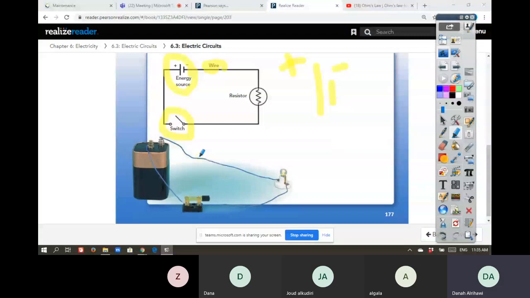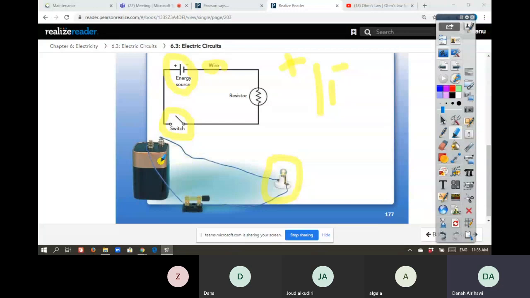So, four ingredients for the circuits: wires, conductor, energy source, and switch. We have here what we call a load, or light, or fan, or machine that uses the energy from the battery. Because if you remember, the electric charge is conserved, the energy is conserved.